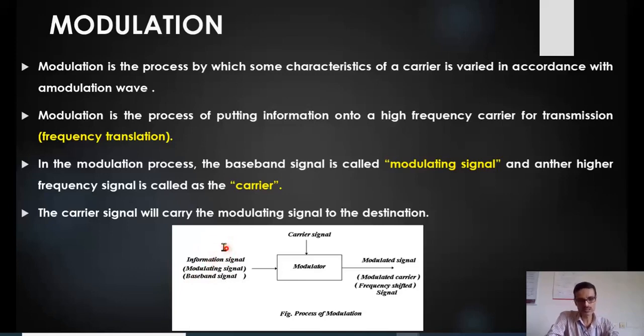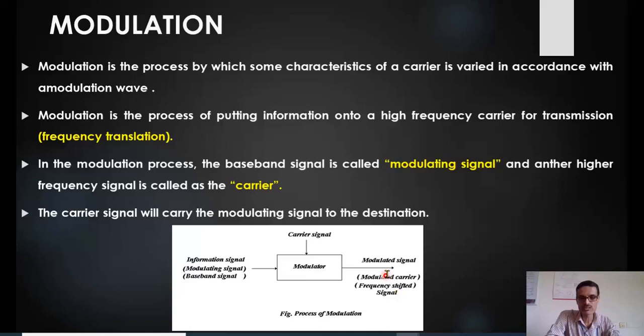The amplitude variation here, the envelope what we say, always represents the information. So as the amplitude of the message signal changes, either the amplitude or the frequency or the phase of this high frequency carrier signal is varied or changed or modulated. And hence we get what is called a modulated signal. That's why I represent it here as a modulated carrier.